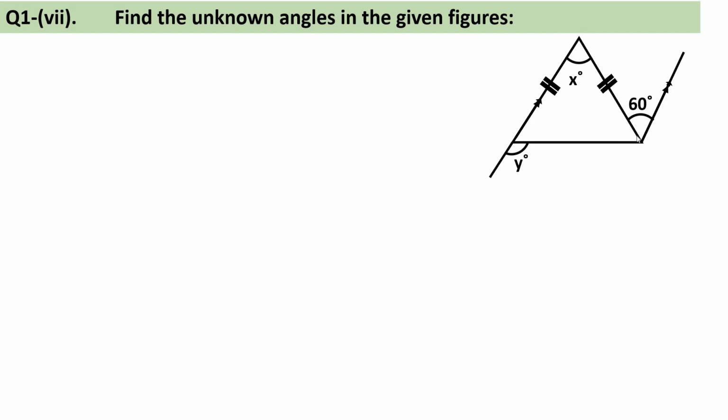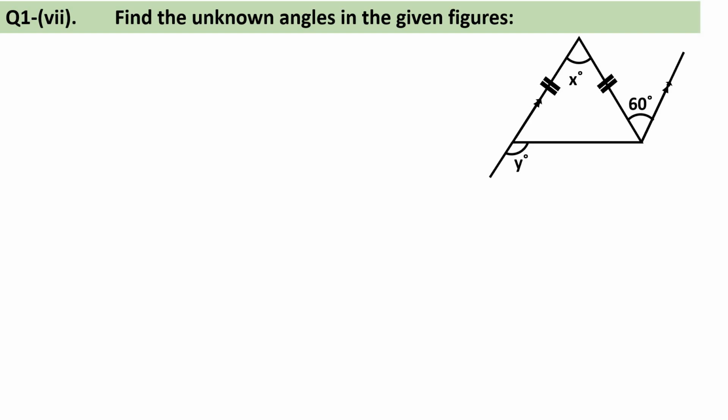Remember, we have learned this when we were doing lines and especially parallel lines. So this is a transversal. So what is the relation between x degree and 60 degree? They are alternate angles, right? Interior alternate angles. So these interior alternate angles which fall in between the parallel lines are equal.